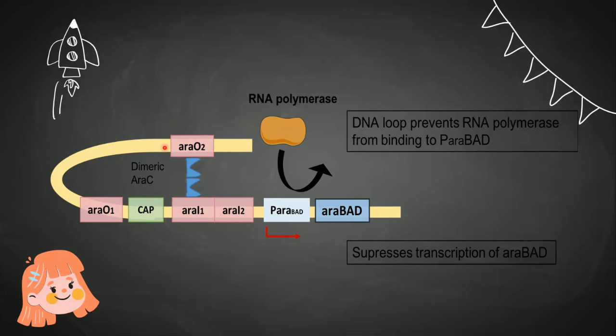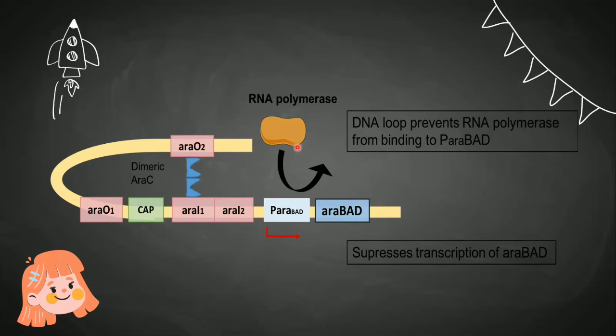the repressor protein, that is your RAC, will be produced, and this RAC repressor forms a dimer. Here you can see it forms a dimer between ARA operator 1 and ARA operator 2, and it forms a loop-like structure.